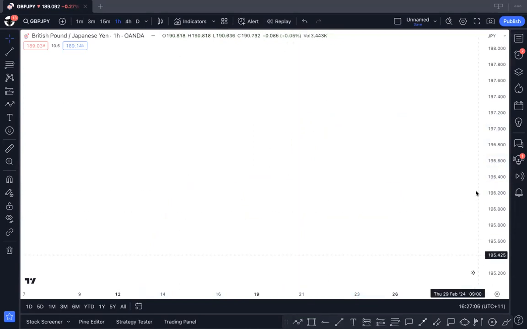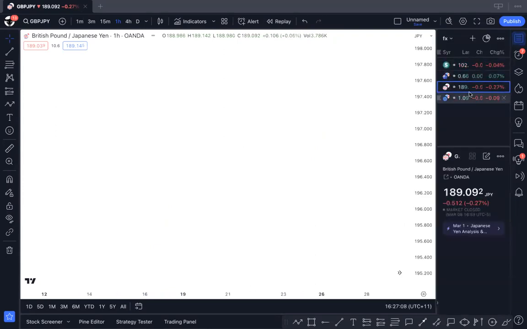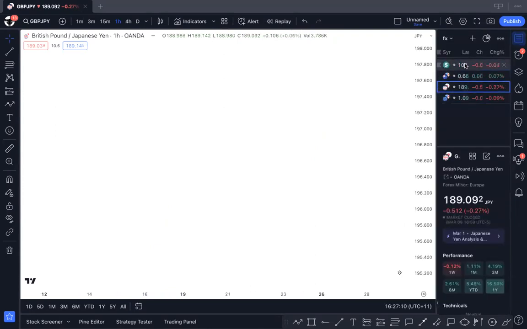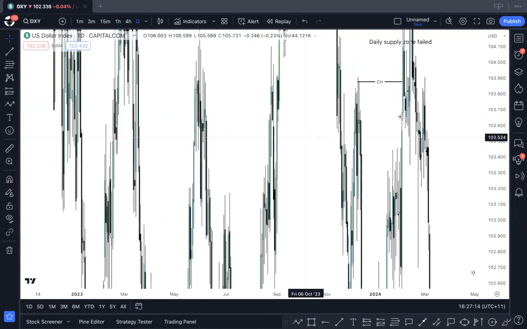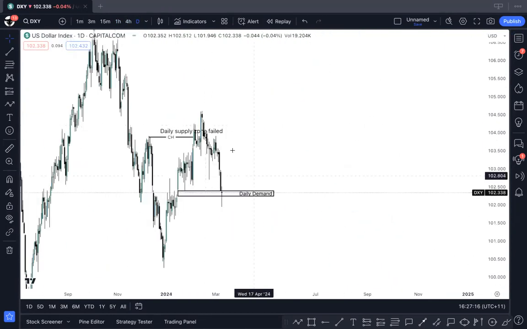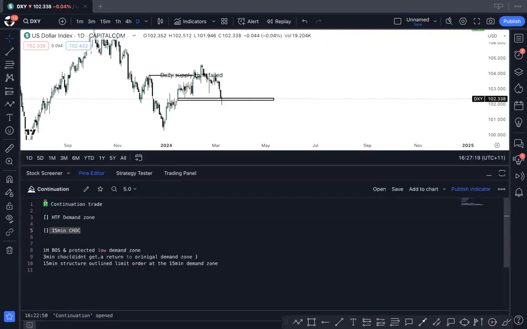Any other questions you guys had? You wanted to show entry models, right? Yeah, so these are the entry models, or the entry criteria, that I have. Let me have a look. Just seeing if I put it into the Discord for you guys.